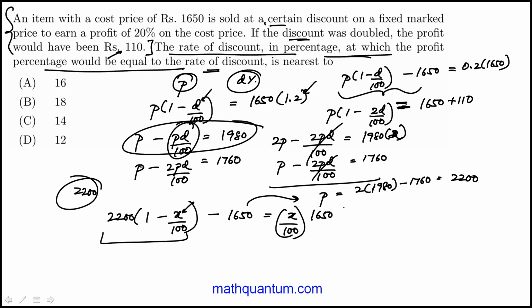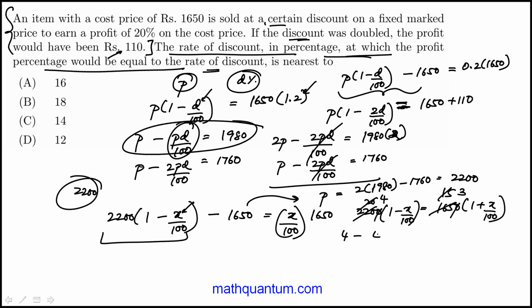So I'm just going to move that to the other side, and that would become 1650 times (1 plus X over 100). And on this side, it's 2200 times (1 minus X over 100). So I'll simplify those two first. Divisible by 11: 15, 20, and then 4 and 3.